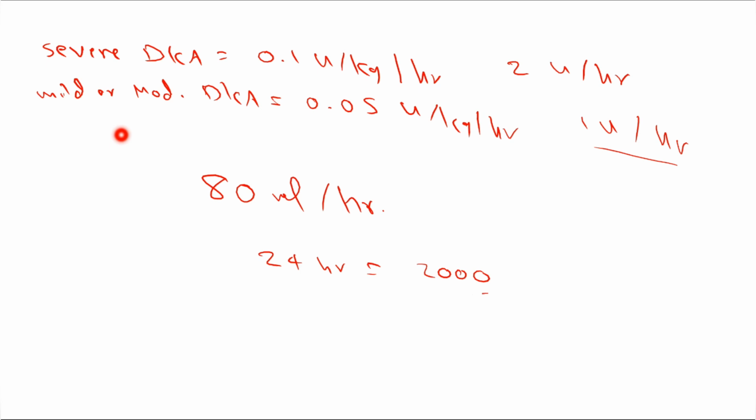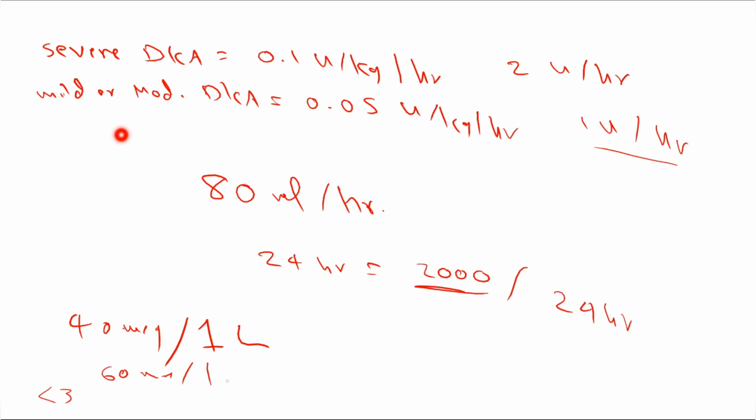This child should receive 2 liters in the first day, the first 24 hours. So for every 1 liter of this 2 liters, you have to give the calculated potassium, either 40 milliequivalents, or if the potassium level is less than 3, you have to give 60 milliequivalents per every liter.